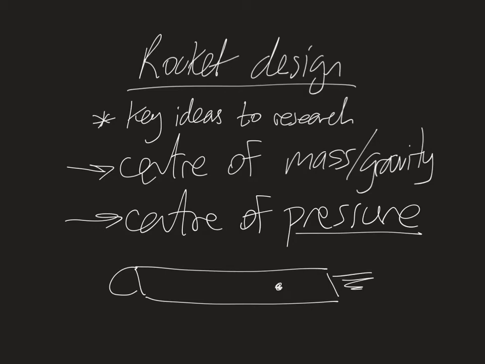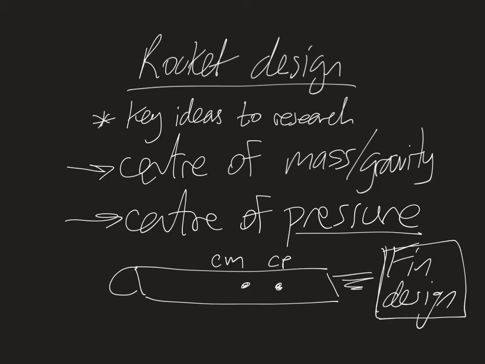If this is the center of mass, and this is the center of pressure, you want this configuration, and the way to achieve this is to think about where your fins should be and how big the fins should be. So fin design is important. This is one of the key things you need to think about when you're designing your rocket.